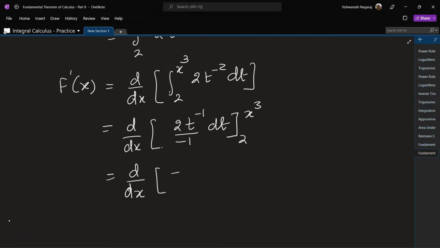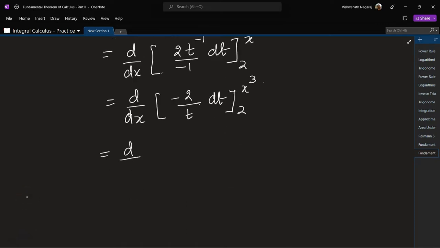Minus, we can take it up, 2 by t from 2 to x cube. Now f of b minus f of a. So that would be minus 2 by x cube minus, minus. So plus 2 by 2, so these two cancel out and we are left with 1.